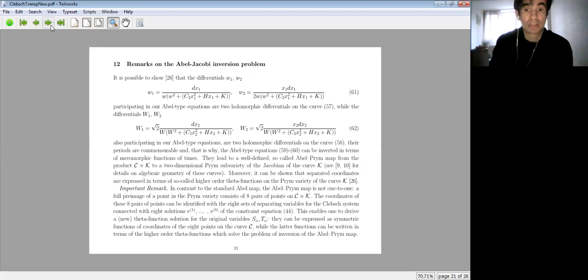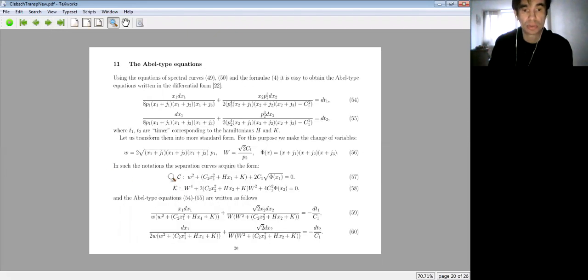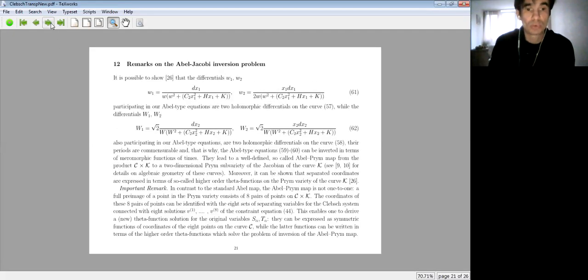They lead to a well-defined so-called Abel-Prym map from the product of the curve C times K. Here we denote this curve C, this curve K, to a two-dimensional Prym subvariety of the Jacobian of the curve K.